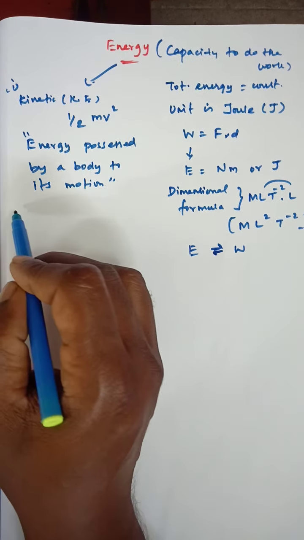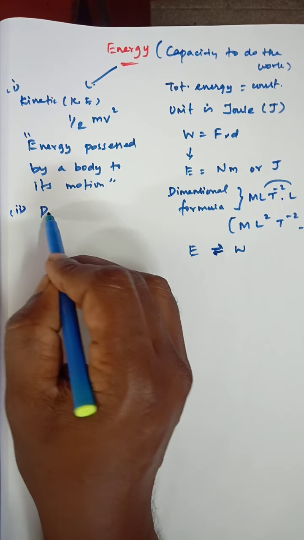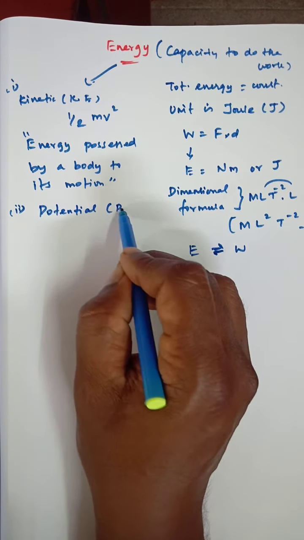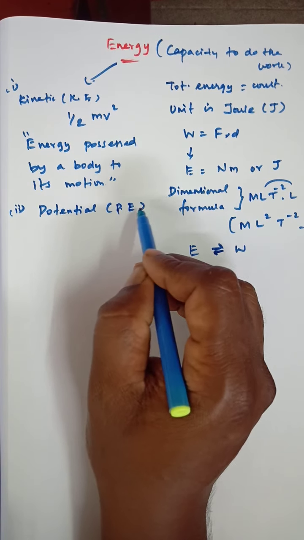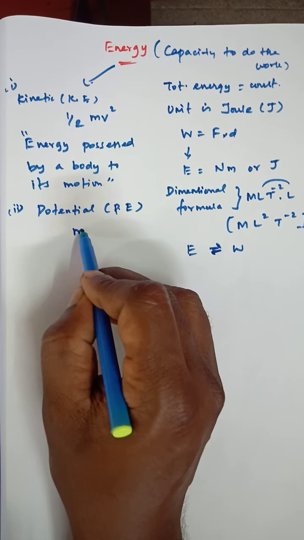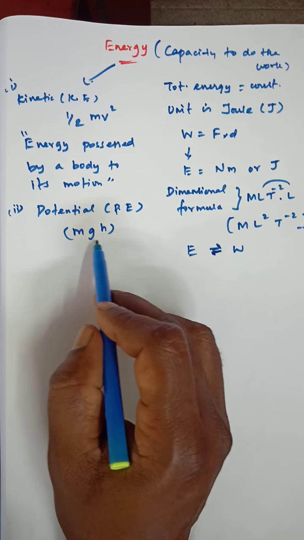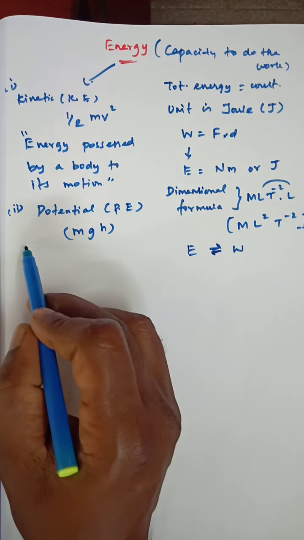Okay. Next, the second type is potential energy. You write PE. Its formula, you know, is mgh: mass, gravity, height. Here the same concept.